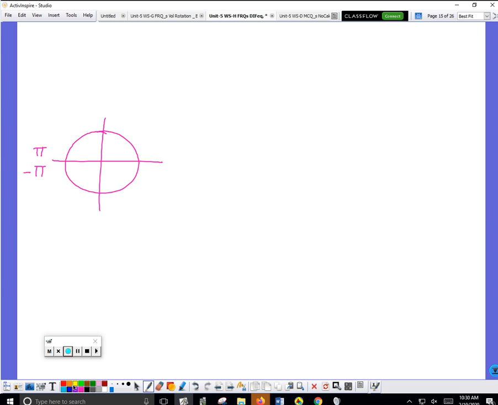And so that spot is 1 to the left. Therefore, the cosine of pi is -1. Cosine of negative pi is also -1. Is that your question? Yeah. Anybody else? Cool.